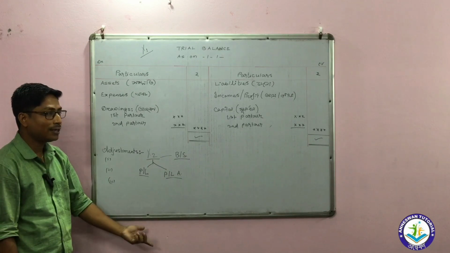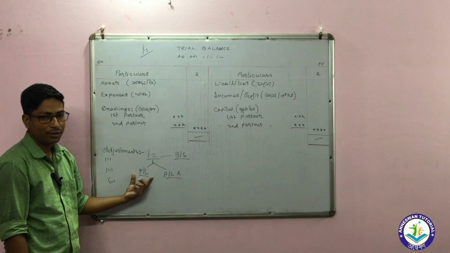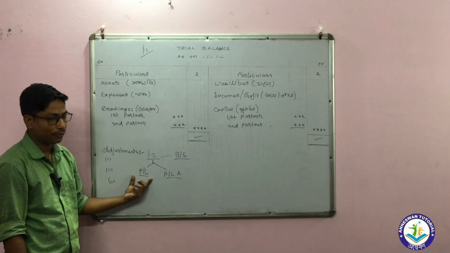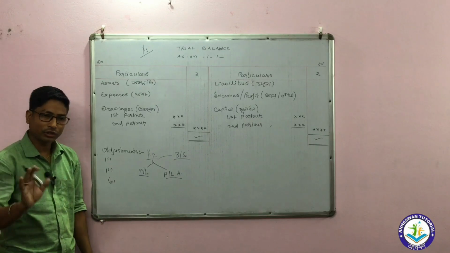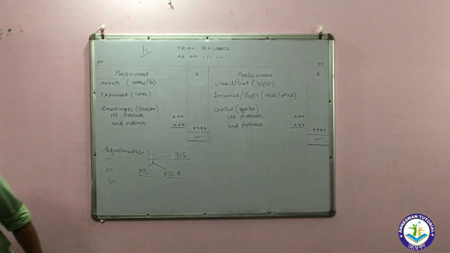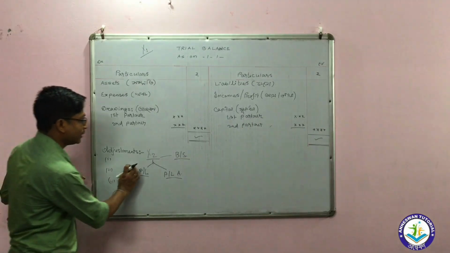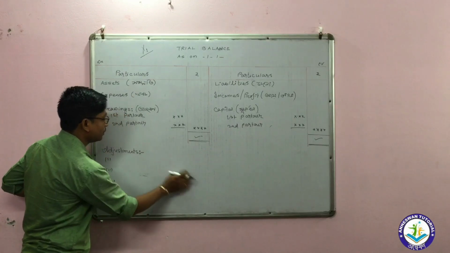But if it is not relating to a partner, then it will appear on the profit and loss account. Anyway, I will give you some written instructions, don't worry. Let's go backward, and look a little above.